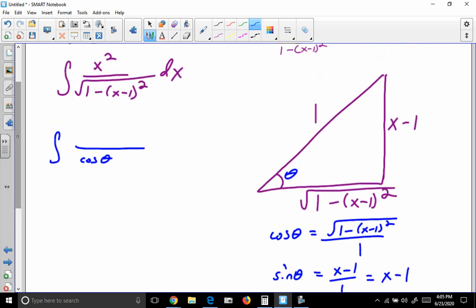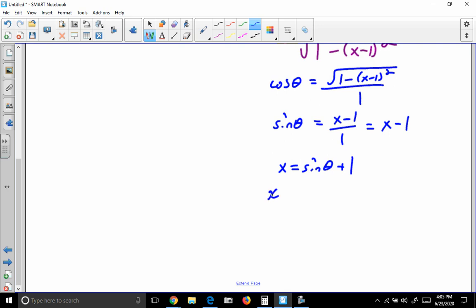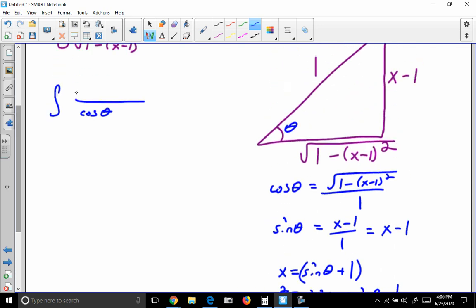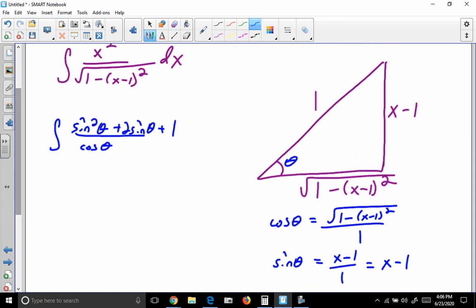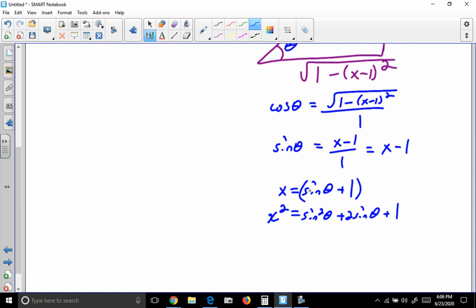We're replacing x squared. So if we square both sides, we would have sine squared theta plus 2 sine theta plus 1. Now we need to replace dx. If x is sine theta plus 1, dx is just the derivative of that: cosine theta plus 0 d theta.